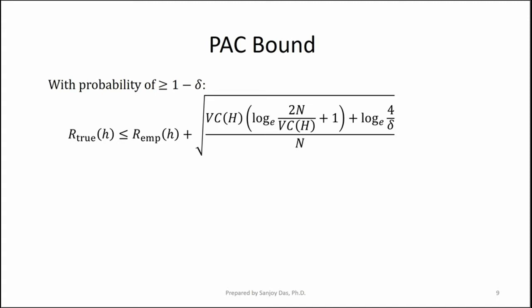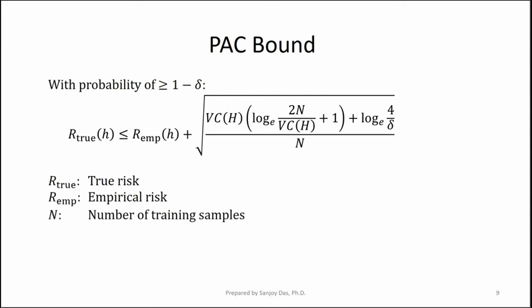And now let's look at it. So R true is the true risk, R emp is the empirical risk, N is the number of training samples. It appears both in the numerator and the denominator, but the effect is more in the denominator because you have a log in the numerator.